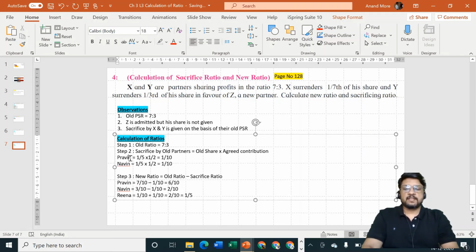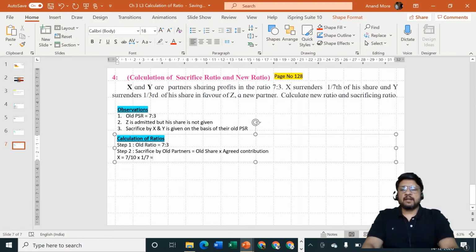So first one is X. X's old share is 7/10 into X's agreed contribution is 1/7. So I can find out what is the answer. 7/10 into 1/7 is equal to 7/70.